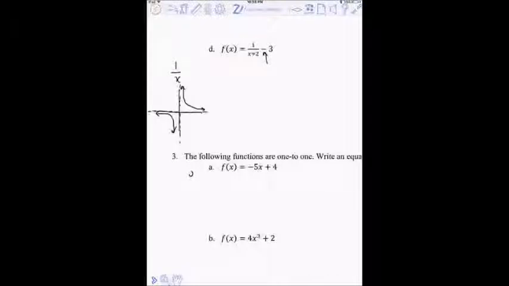The one down is going to move the horizontal asymptote down 3 units. So horizontal asymptote is down 3. Vertical asymptote is to the left 2. And we have the graph.